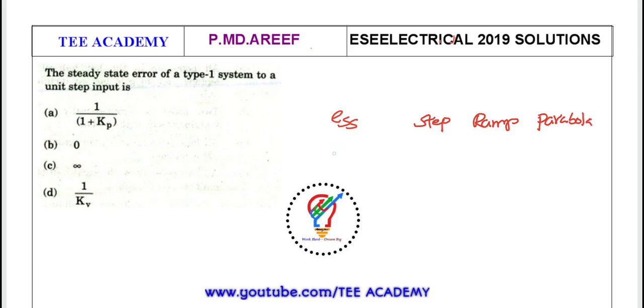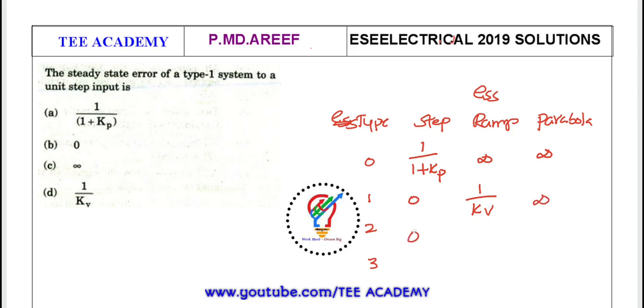So steady state error ESS, and here the type: type 0, 1, 2, 3. Okay, so type 0 for step function is 1 by 1 plus kp, and this will be infinity; 0, 1 by kv, infinity; 0, 0, 1 by acceleration ka, and this will be 0 here.